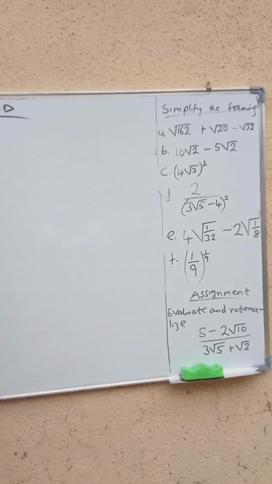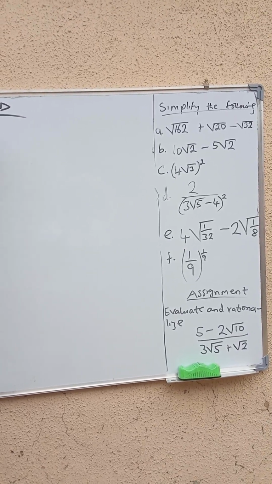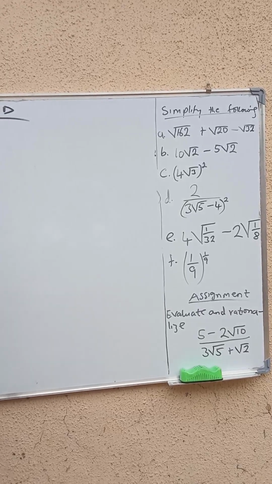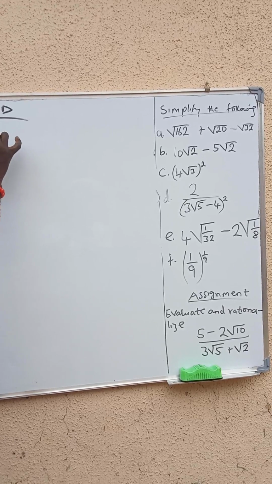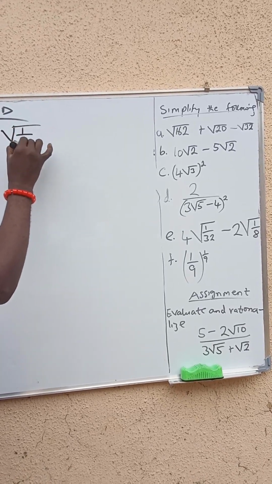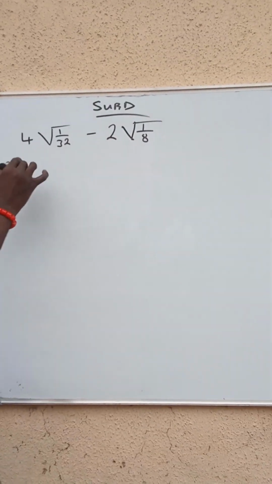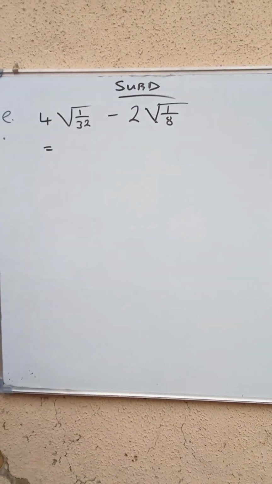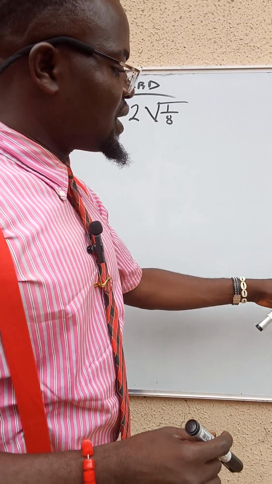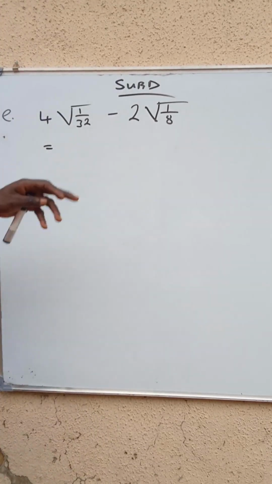So we're given 4 root 1 over 32 minus 2 root 1 over 8. We're given this. So you write equal to, since you have written the solution before, you know, we started from A, B, C, D, E, then remaining F. Now what we have to do here is what?